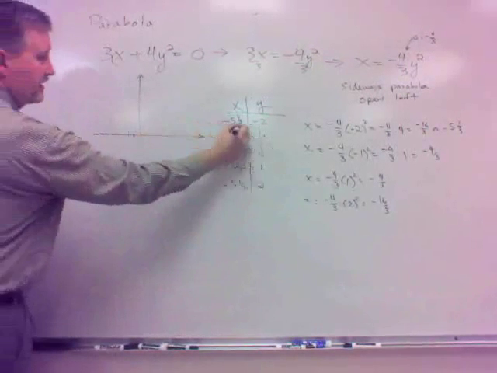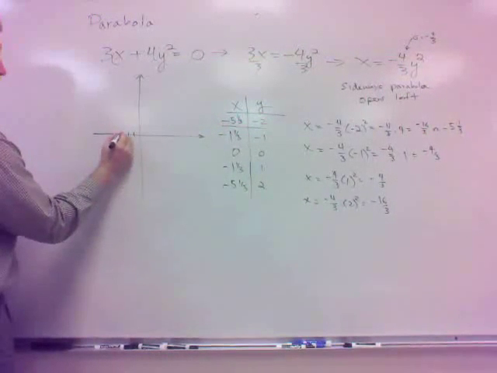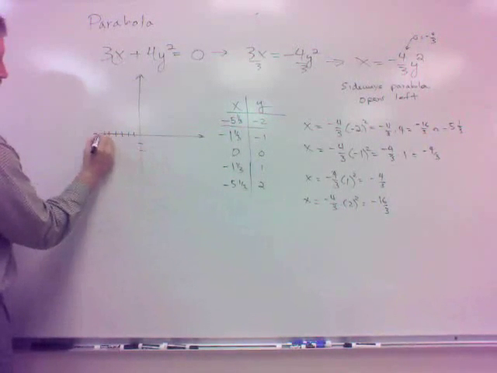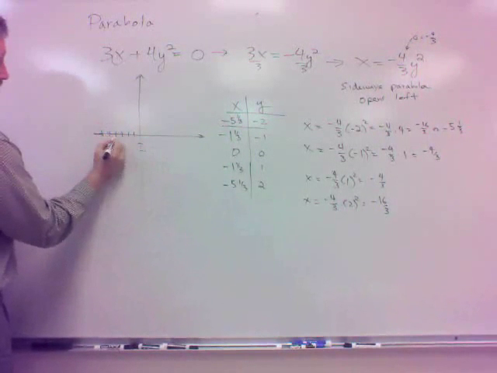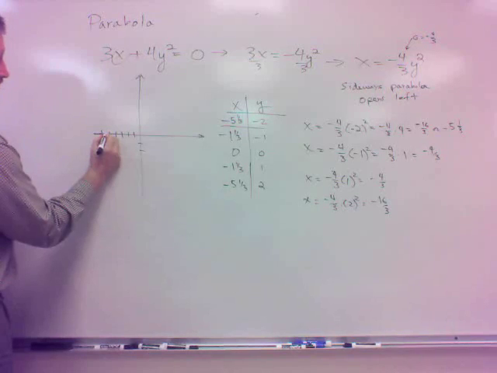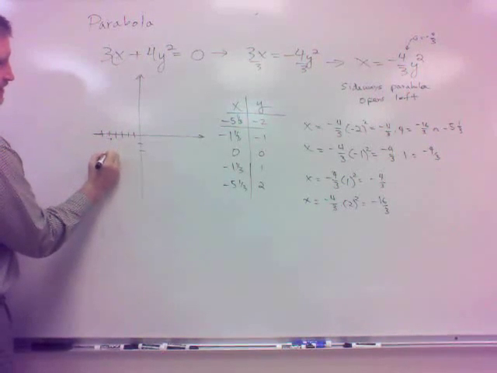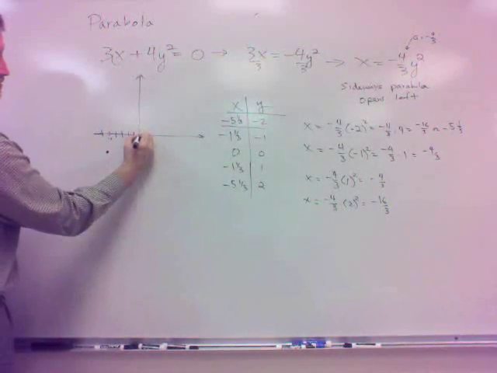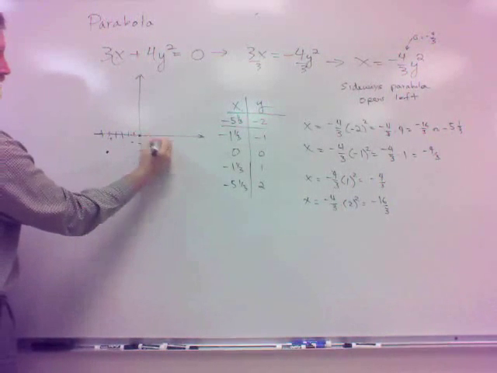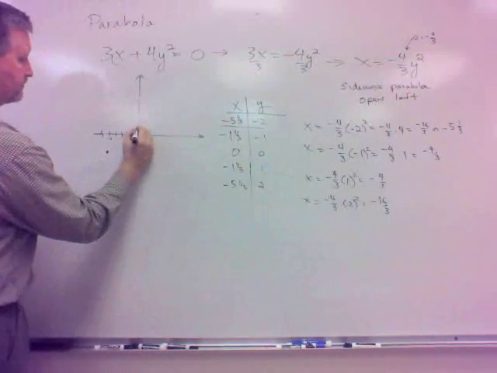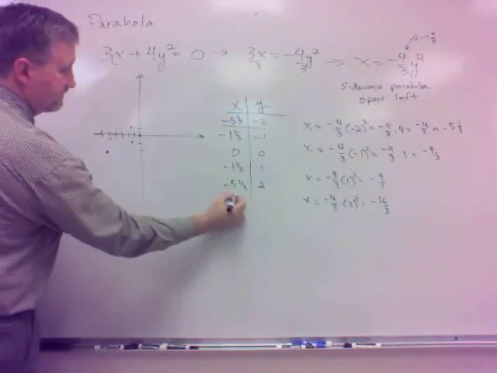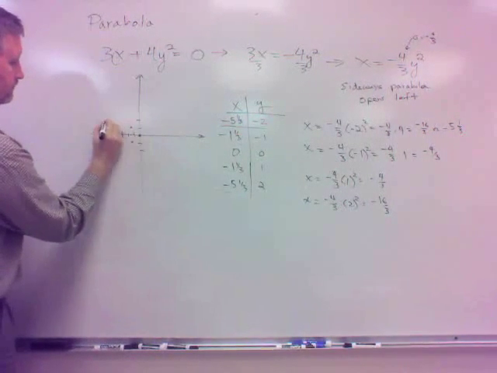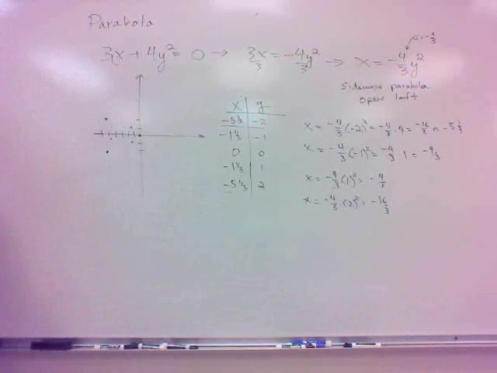Because here I go out negative 5 1/3, and negative 2 would put me right about here. Negative 1 1/3, negative 1 right about there, 0, 0. And negative 1 1/3, positive 1. And then negative 5 1/3, positive 2. Be right above that one. Just sideways.